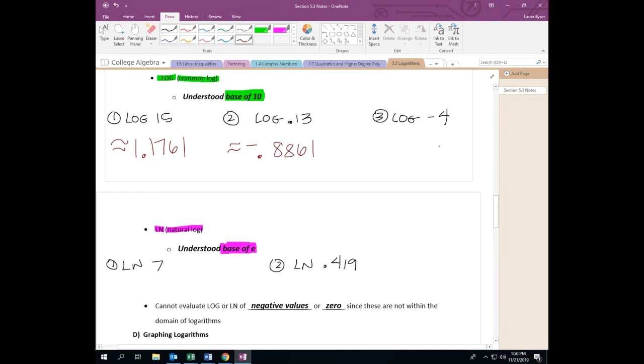And then if you put in log of a negative, you get this error message. The calculator is not going to evaluate log or natural log of a negative number or 0. We cannot evaluate these values. They are not within the domain of logs.